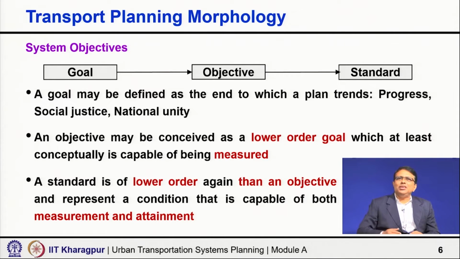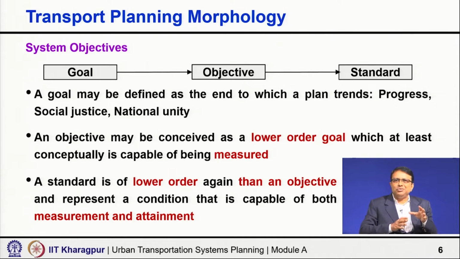But the objective is a lower order goal, which is at least conceptually capable of being measured. So, goal we cannot measure; a goal tells what state we finally want to achieve. Objective is a lower order goal, something at least conceptually I can measure.